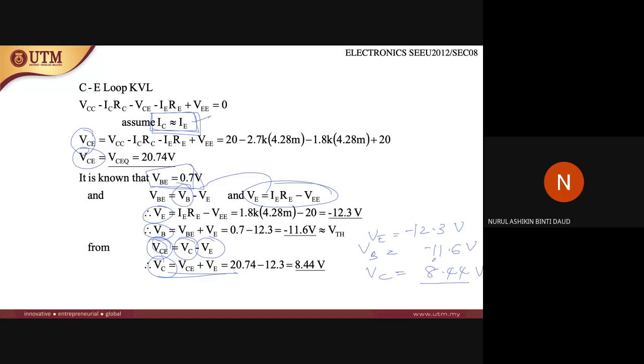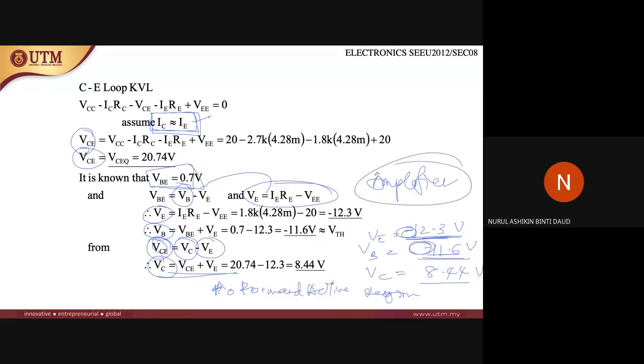Because this is higher compared to this, and this is higher compared to this, because this is a minus sign. So it is still in the forward active region, and it can be applied for an amplifier. If they ask what the application for this transistor is, it can be applied as an amplifier.